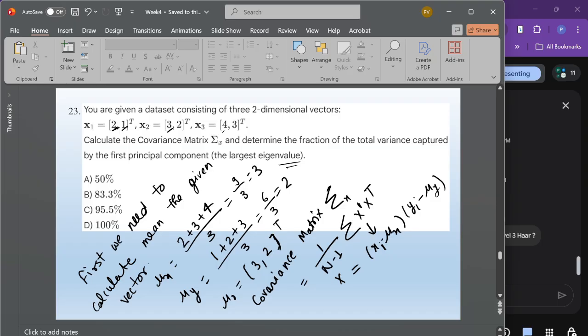So first we will find out x1 dash here. x1 here is i only, so two values are there, 1 and 2, and regarding three vectors are there. So for the three vectors we need to calculate the x dash. So first one is 2 and 1. So 2 minus mu_x is how much? 3, right? 2 minus 3.